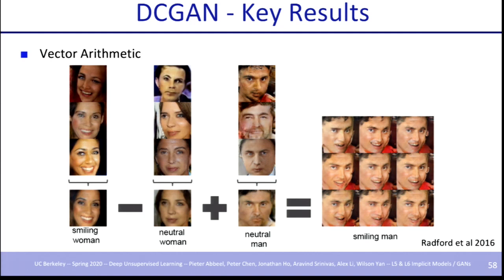That way the neutral gets subtracted out, and you're also subtracting woman, so you end up with a smiling man because you added a man.